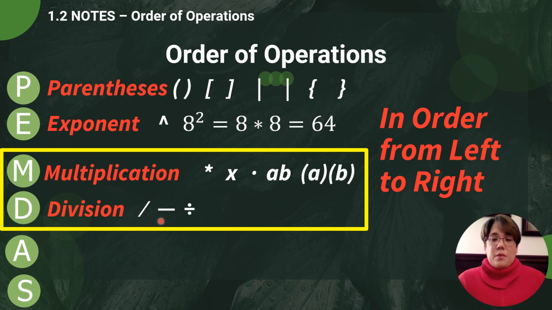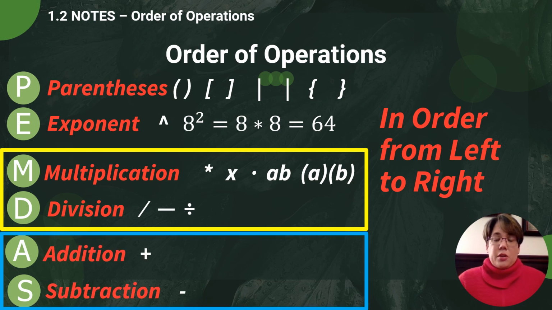It can be represented in fraction form. It can be represented with the division symbol. So multiplication and division go together. And then similarly, addition and subtraction go together. Addition and subtraction is what you typically remember addition and subtraction being. Thank goodness. But they are also in order from left to right.